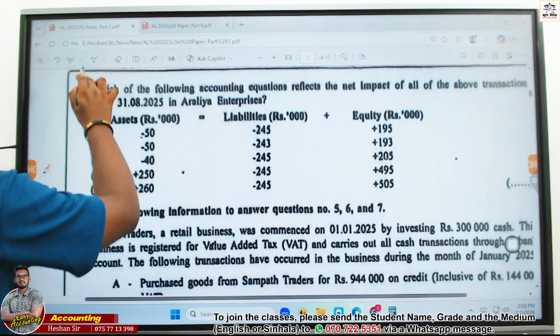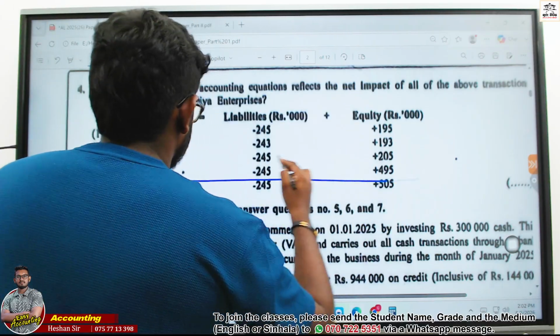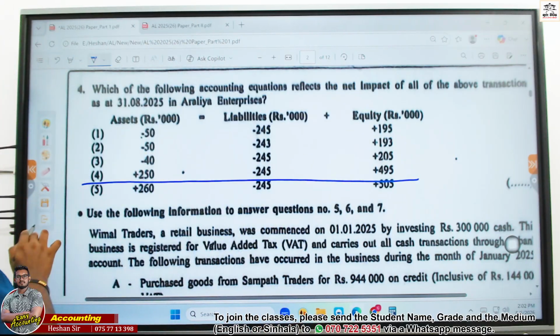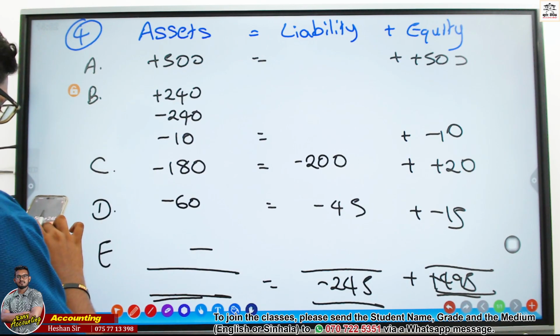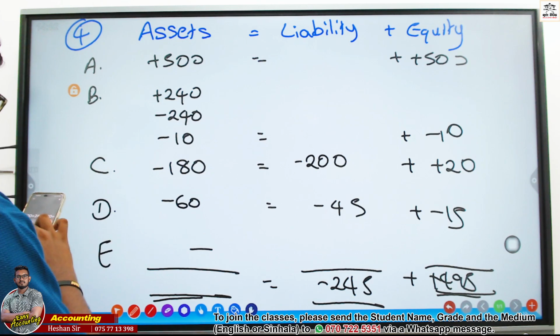So answer number 4 is the answer, right? You can see in here 500 plus 240 minus 240 plus 10.